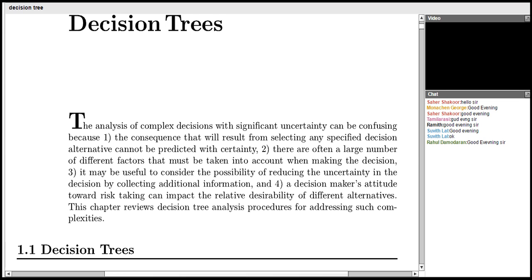The first is that the consequence that will result from selecting any specific decision alternative cannot be predicted with certainty. Sometimes you have to make decisions, but you don't know what's going to happen. You're not very certain of the outcome. Sometimes you take a decision, you wait and see what happens.